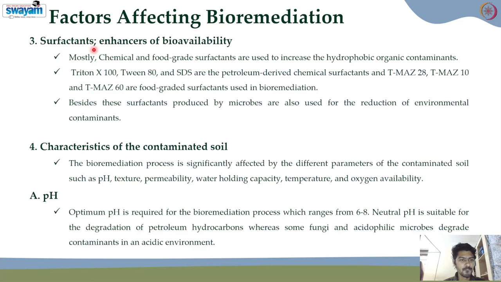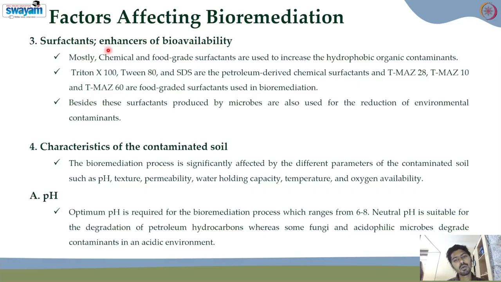And third is surfactant. So what happens? The main role of the surfactant is to increase this bioavailability. As we saw in the previous slide, the importance of bioavailability, that is how much pollutant is available to the microorganism. So in order to increase the bioavailability, surfactants play an important role in enhancing the bioavailability of the particular pollutant to the microorganism.